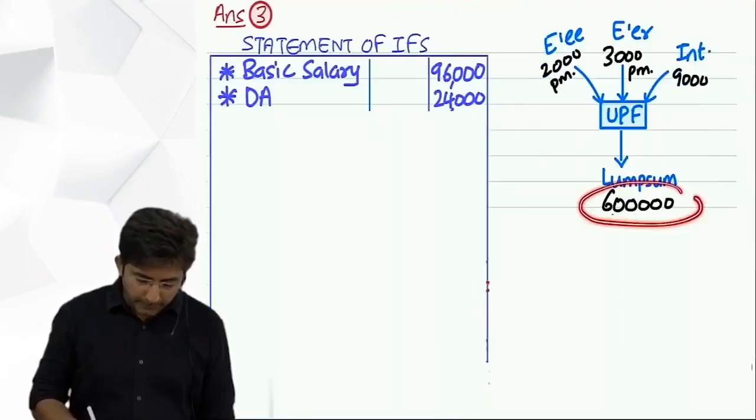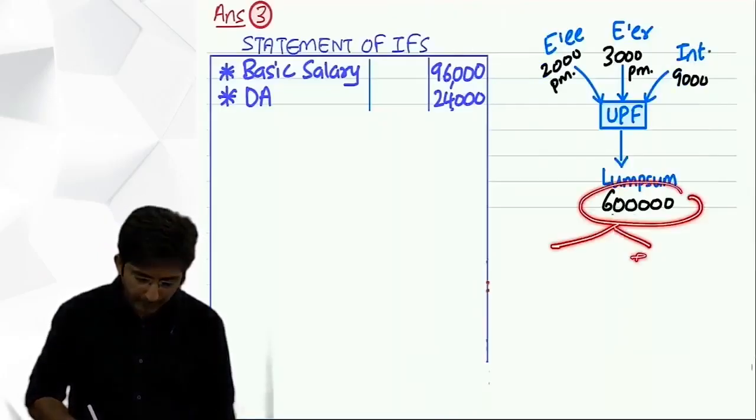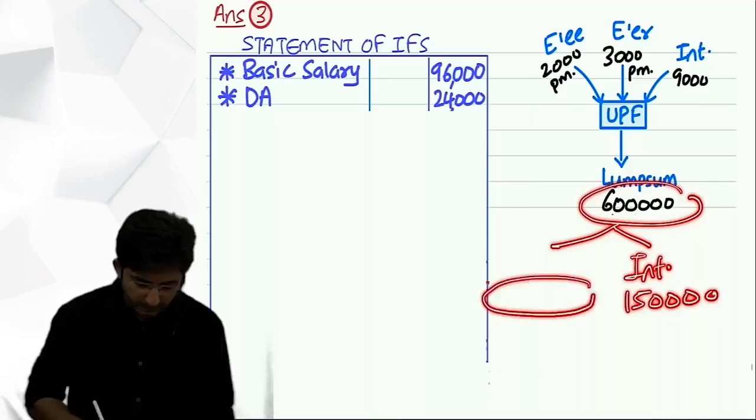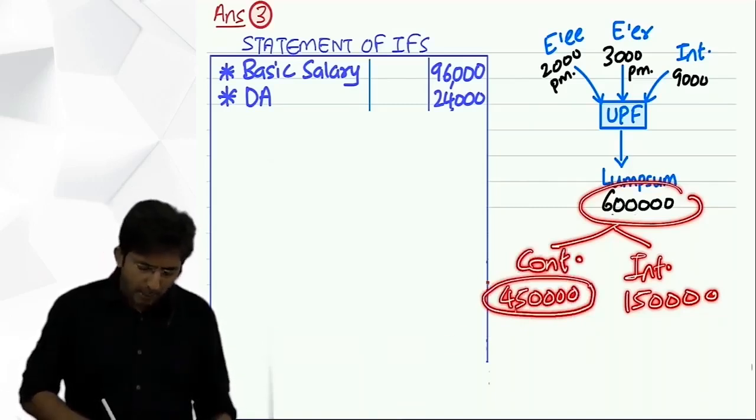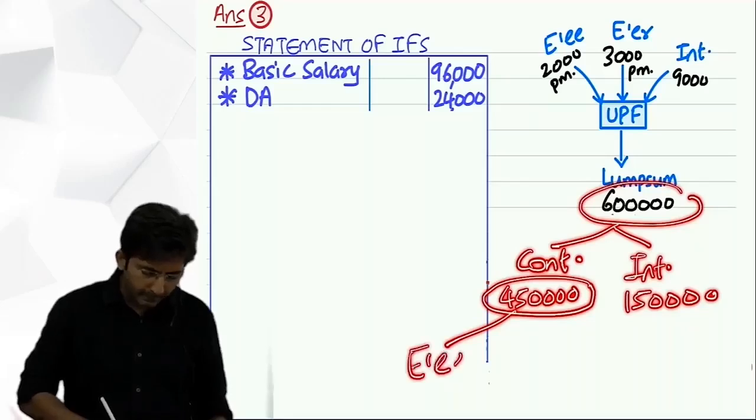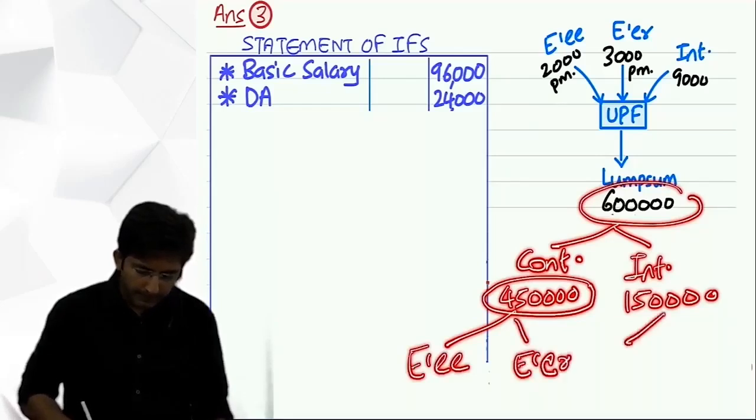So see, your first bifurcation will be like this. Interest is 1,50,000. So what is the balance? 4,50,000. This I will name as contribution. Just the word contribution. Now how much is employee? How much is employer? Even in interest, how much is employee?